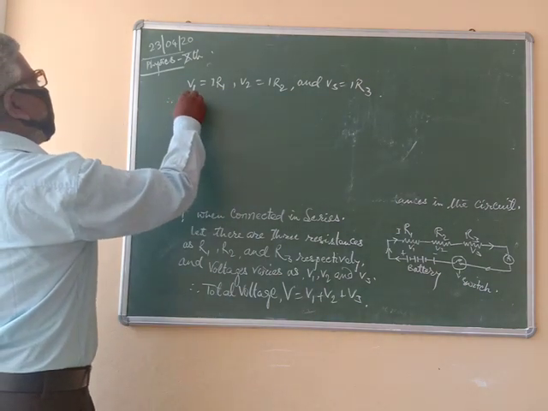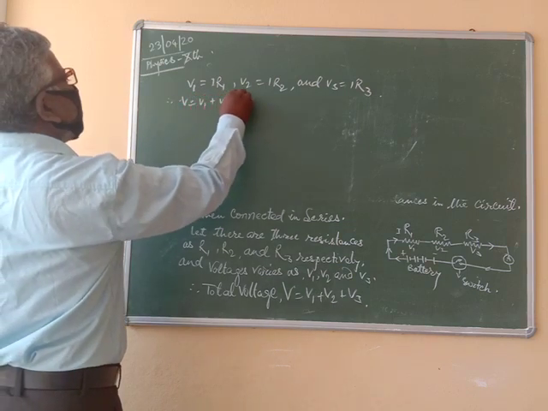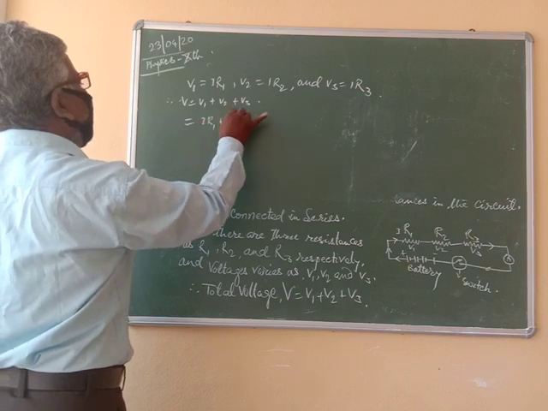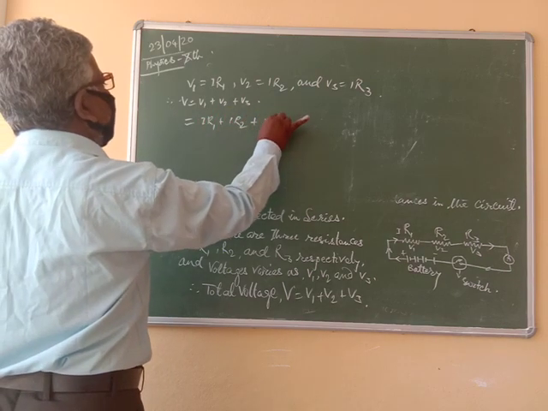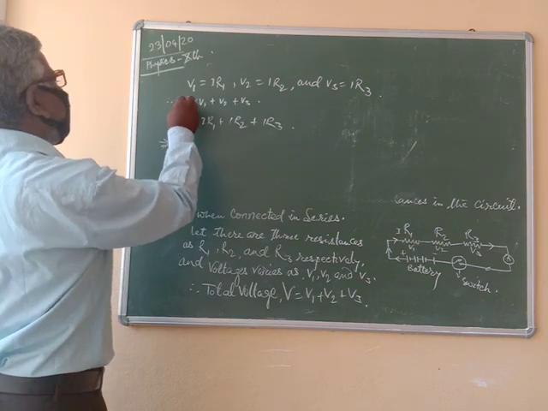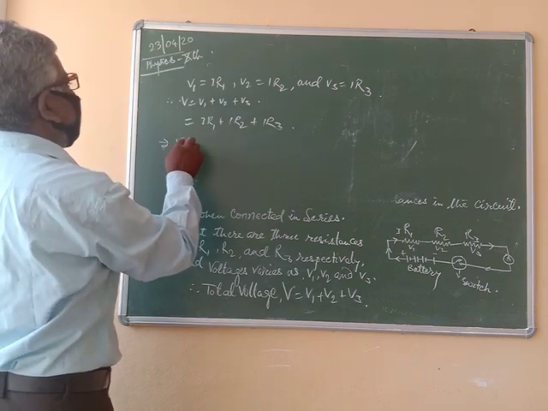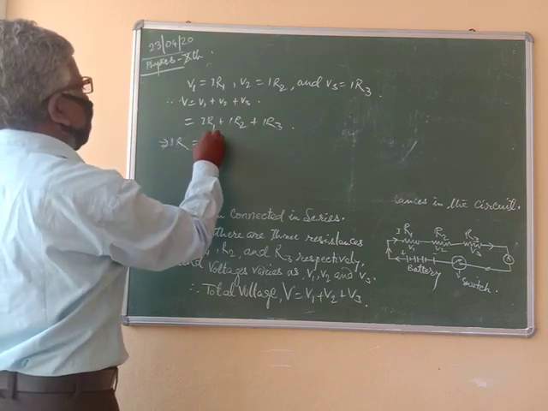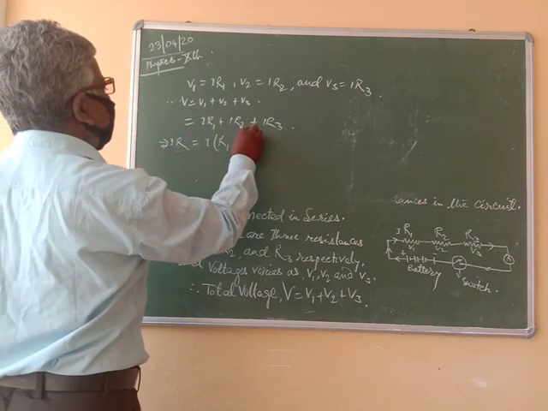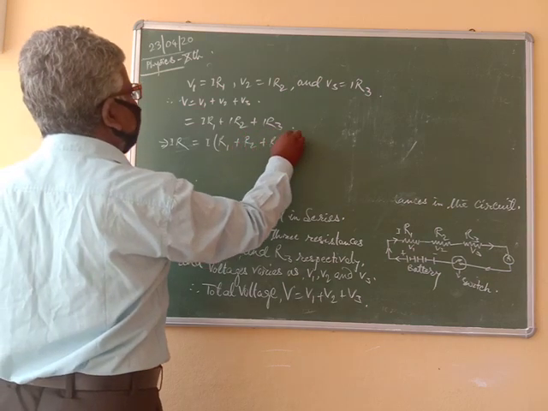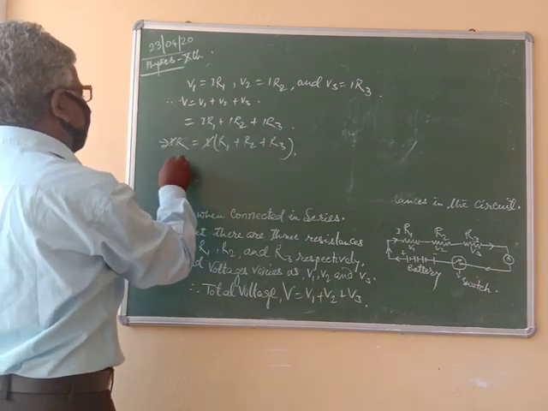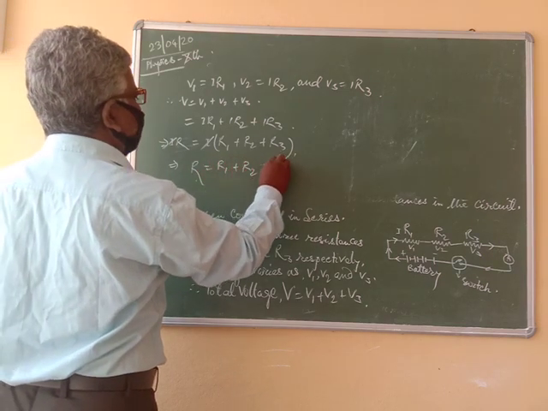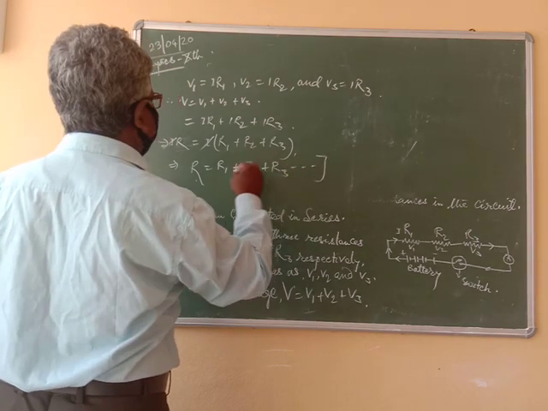Therefore, V is equal to V1 plus V2 plus V3, that is IR1 plus IR2 plus IR3. From Ohm's law, V is equal to IR. I common, R1 plus R2 plus R3, that is R is equal to R1 plus R2 plus R3, and so on, as many as you need.